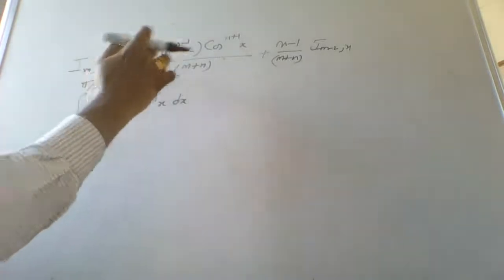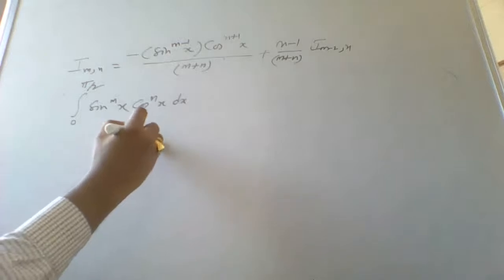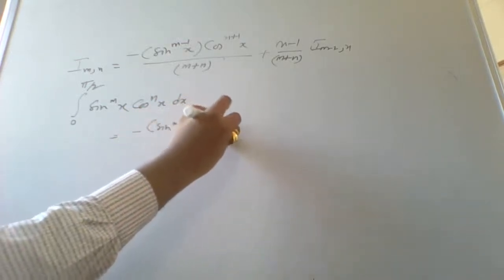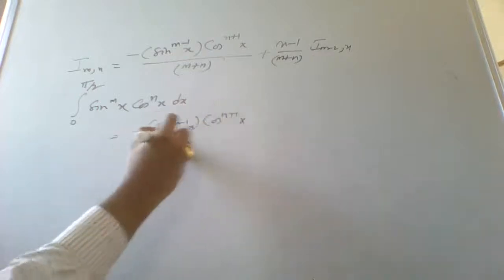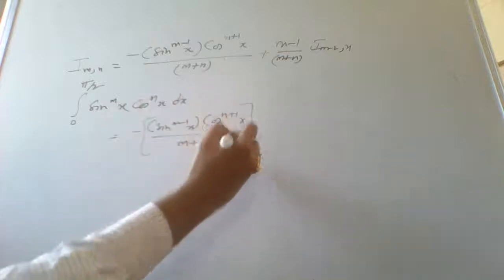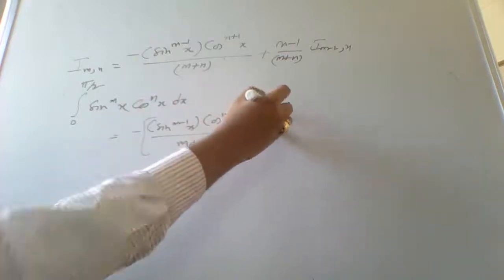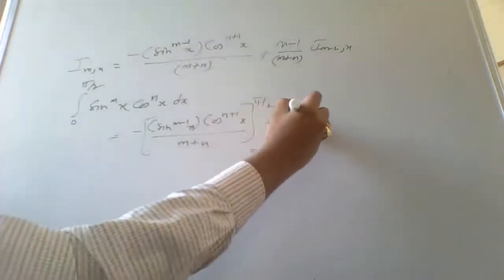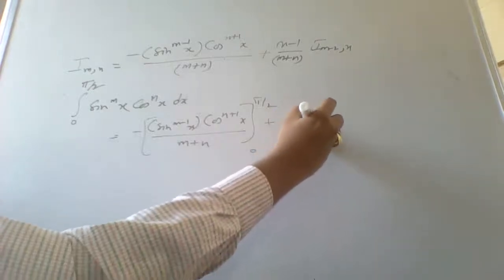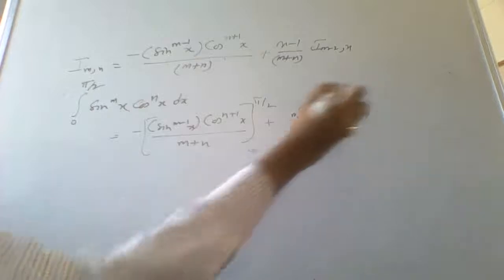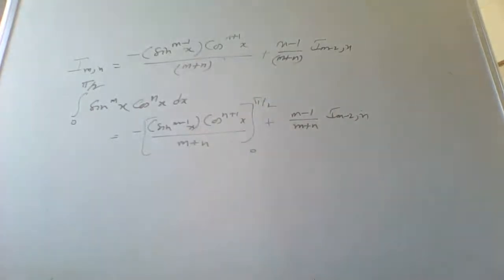Now we got this result earlier, so that would be sine m minus 1 x cos n plus 1 x divided by m plus n, over the limit which is 0 to pi by 2, plus I have this term also.